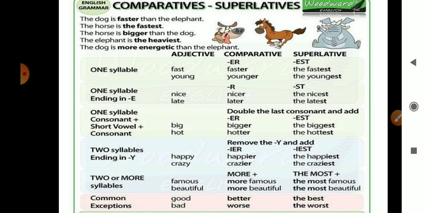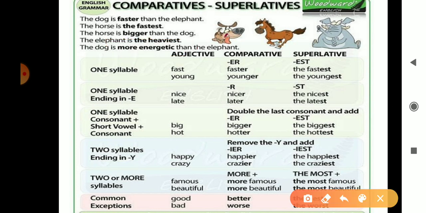The dog is more energetic than the elephant. Energetic is a long positive, and that is why we have used more. So this is a sentence of comparative. In this way you can find out whether a sentence is positive, comparative or superlative.